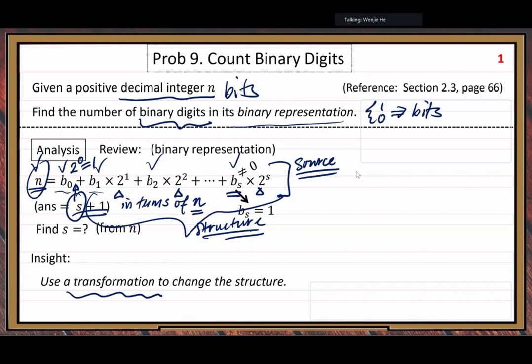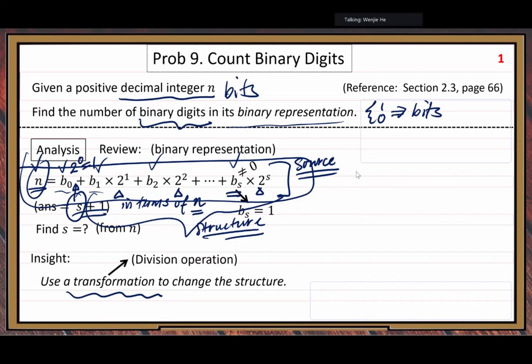So we should choose an appropriate operation to do the manipulation without breaking the structure. That means after our operation, we still maintain the typical structure of the original formula. So that operation is integer division by 2.